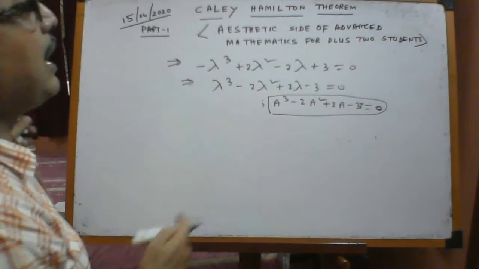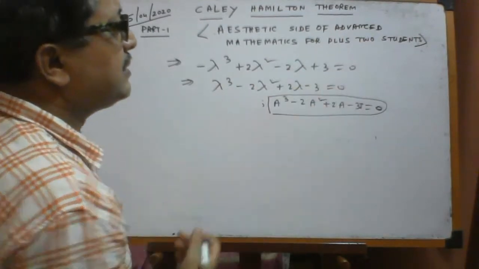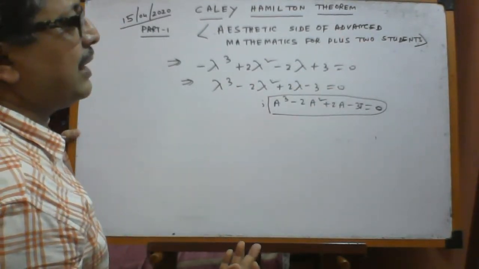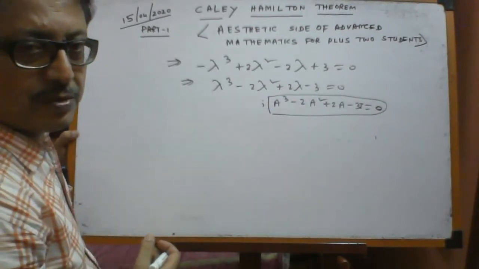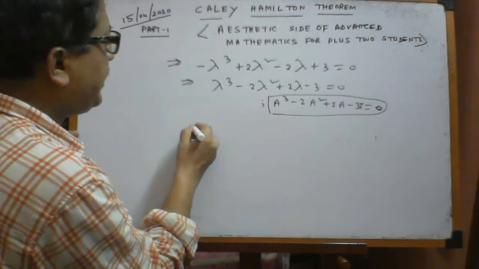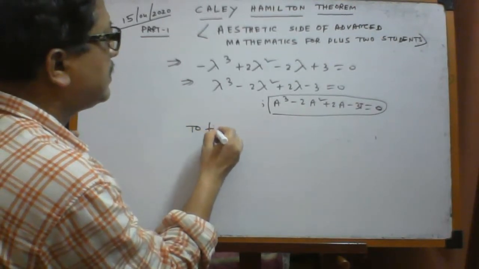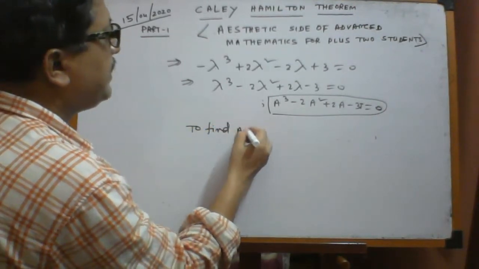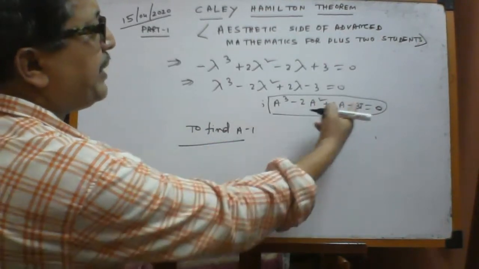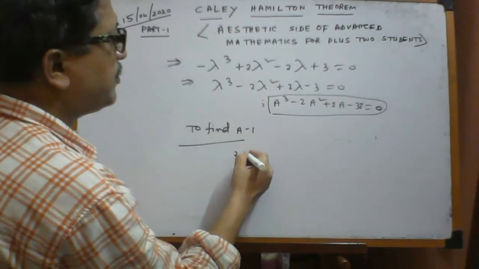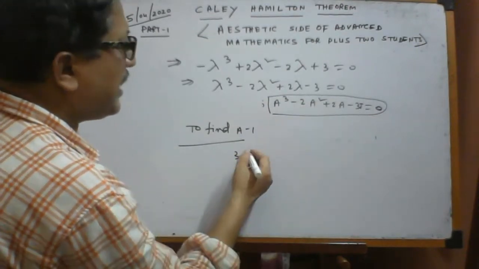Then after getting such a polynomial, and by Cayley-Hamilton theorem, I can tell you how to get the inverse also. To find A inverse, I tell you the method only. You keep the unit polynomial, that 3I on one side.